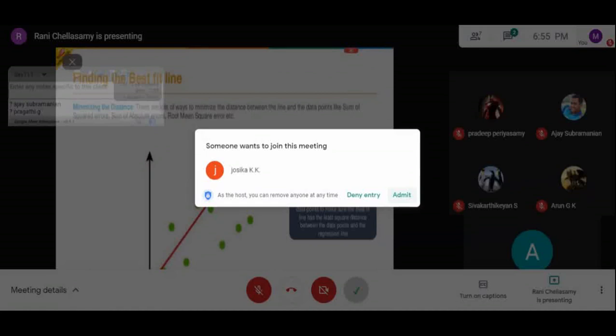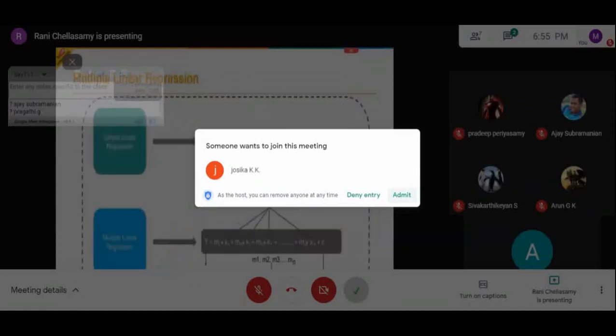So we can keep moving this line through the data points to make sure that the best fit line has the least square distance between the data points and the regression line. Already we know that regression is classified into simple linear regression and multiple linear regression. For simple linear regression, the linear equation used is y equals mx plus c.